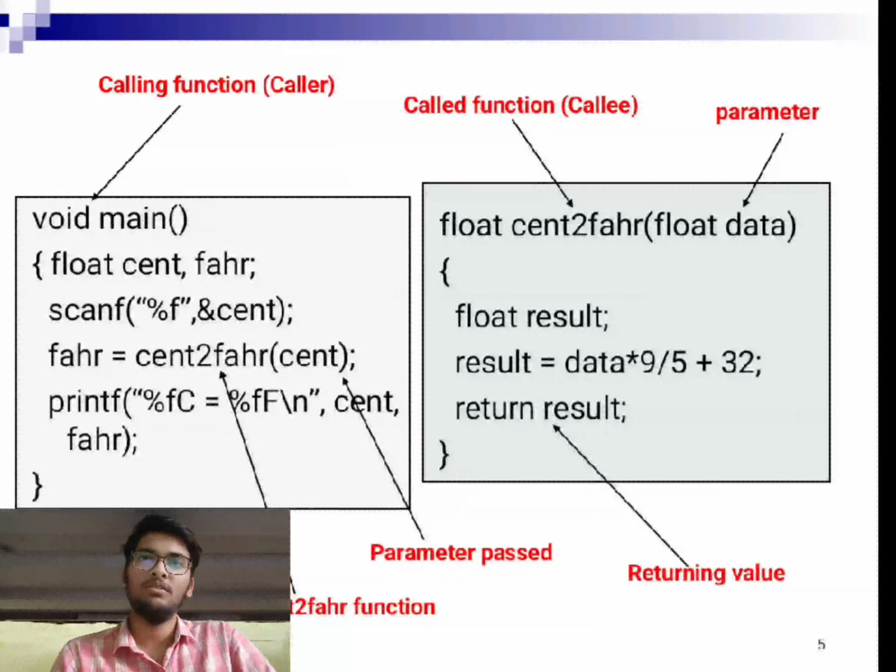Printing printf %f C is equal to %f, slash n means next line, cent and Fahrenheit, closing that block, and seeing a called function. In the called function, float cent 2 into Fahrenheit function of float.